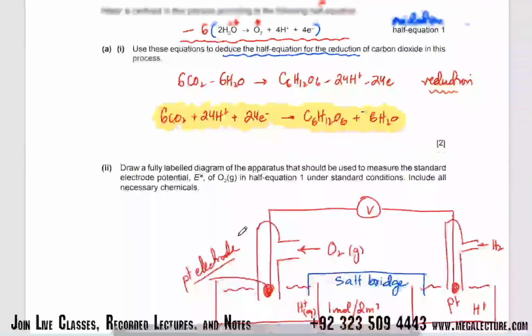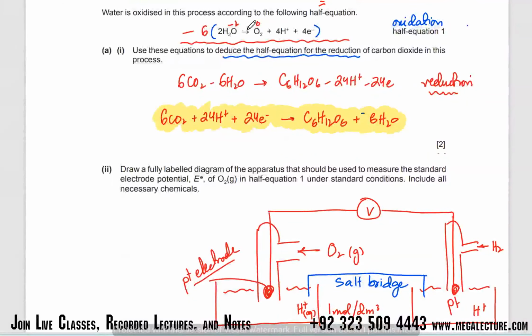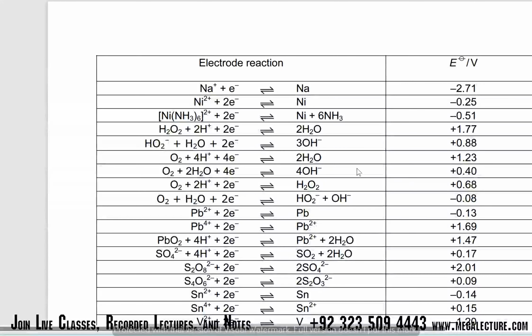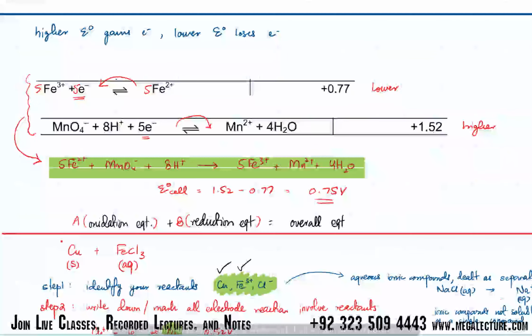And you can measure the E naught cell, for which you would have to find this electrode in the data booklet. So where's that? The water, oxygen, and H plus 1, right? So I think it's this one. I mean, the electrode is going in the backward direction.